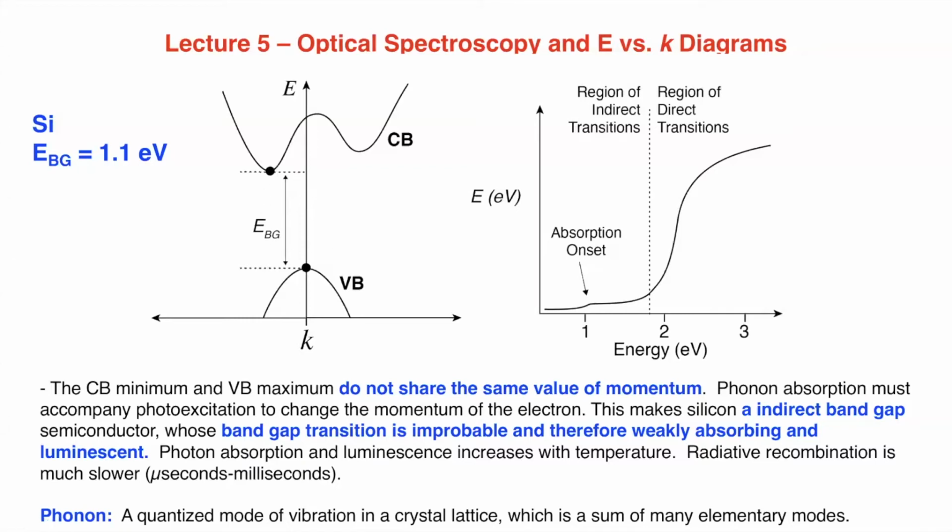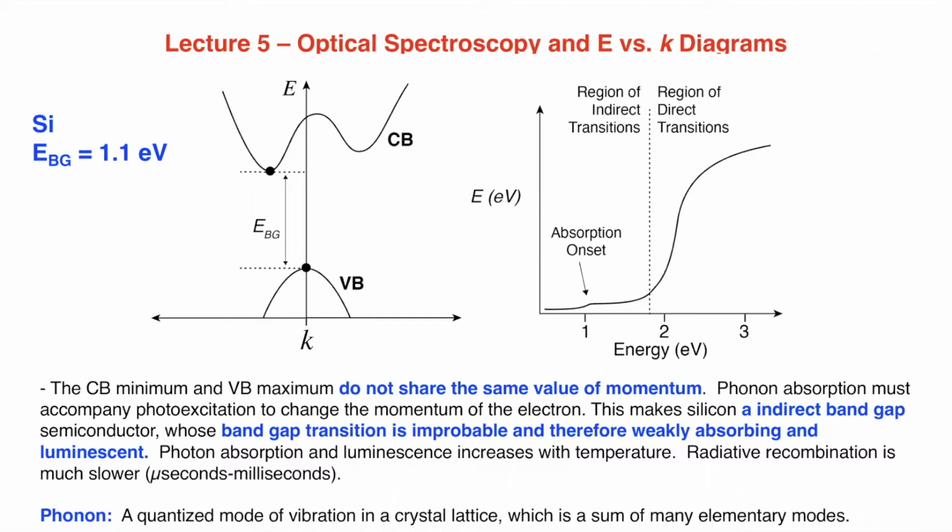Now, if you photoexcite silicon, say promoting an electron from here up to there, the vertical transition conserves momentum. And then that photoexcited electron will actually fall down the diagram to the minimum of the conduction band, giving off phonons in the process, or liberating heat as it traverses momentum space.